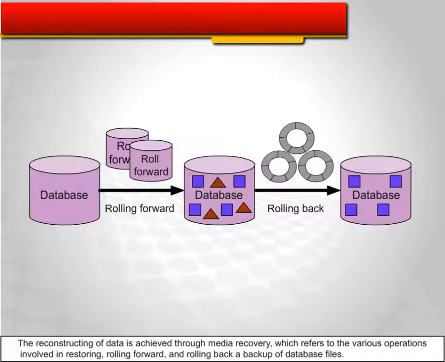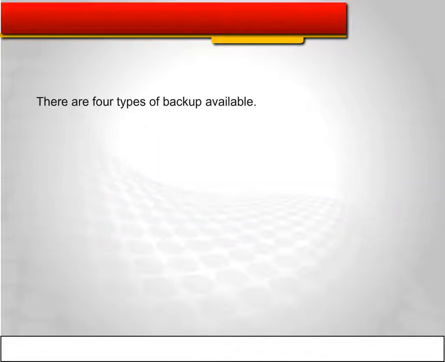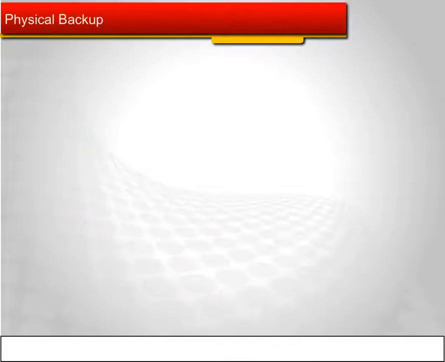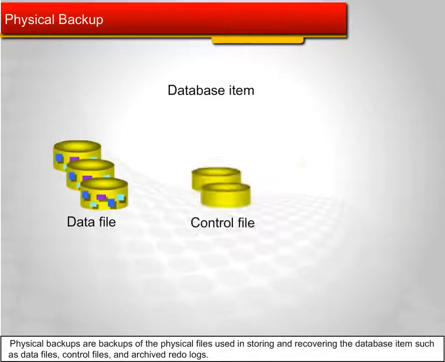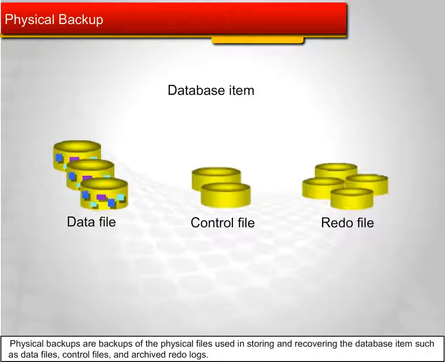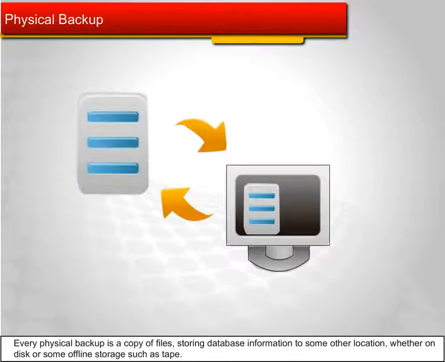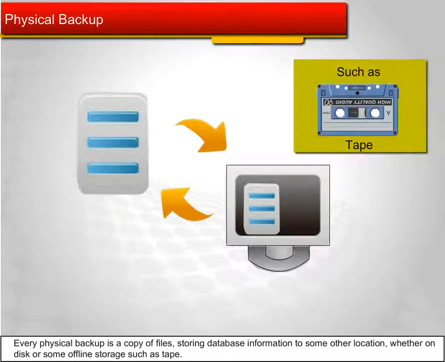A backup is a safeguard against unexpected data loss and application errors. If original data is lost, then user can reconstruct it by using a backup. The reconstructing of data is achieved through media recovery, which refers to the various operations involved in restoring, rolling forward and rolling back a backup of database files.